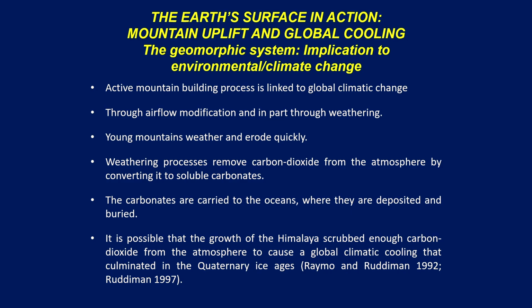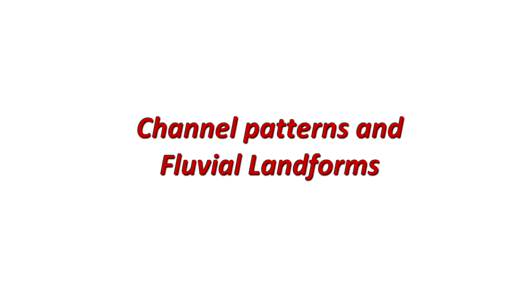So this is related to the Quaternary ice age also, and you can think that if erosion is very fast, it can result in a cooling phase in the region. So this is about the carbon dioxide, how it gets into the oceans and how more and more of it is removed from the atmosphere.